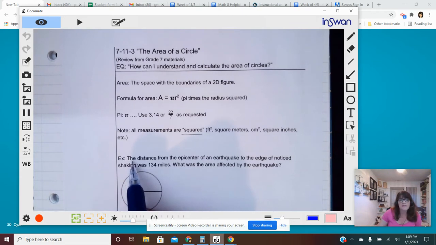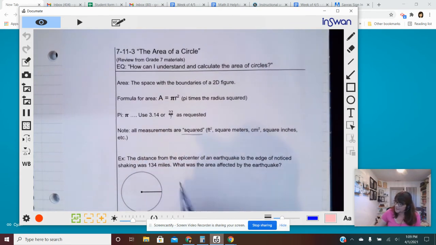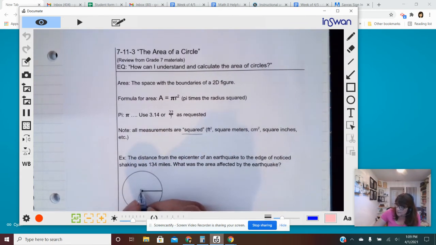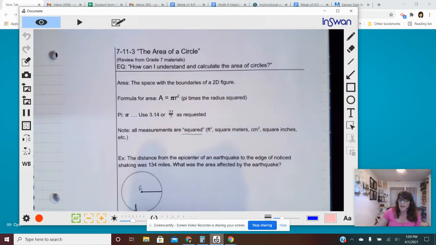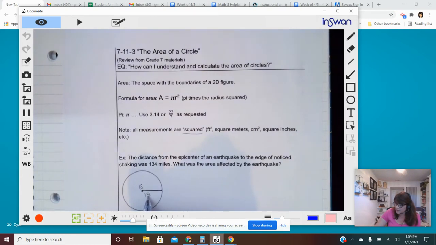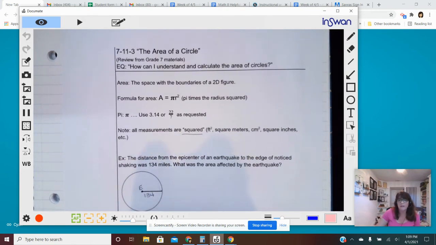Now, in this example, the distance from the epicenter of the earthquake to the edge of the noticed shaking was 134 miles. What was the area affected by the earthquake? This seems like a thing people would want to know.